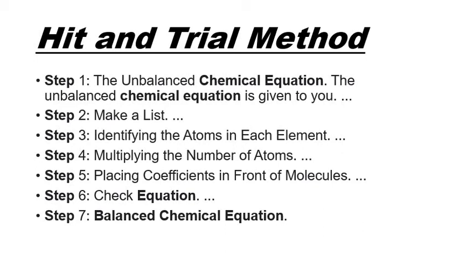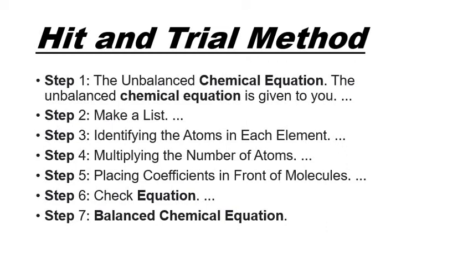Such equations are called skeletal equations. And we can define a balanced chemical equation as one in which the mass of the reactants is equal to the mass of the products, or the number of different atoms in the reactants and the products are equal. The process of making the number of different types of atoms equal on both sides of an equation is called balancing a chemical equation.